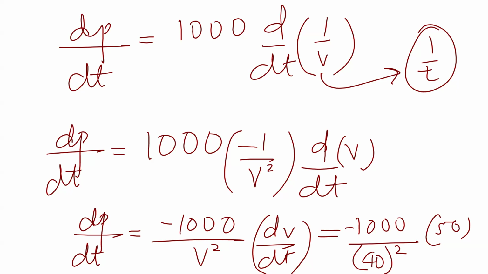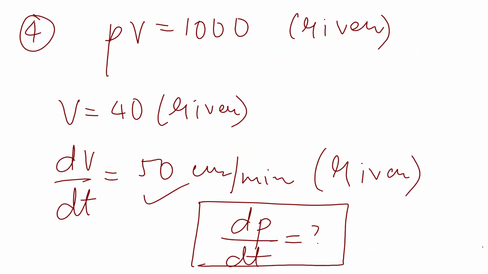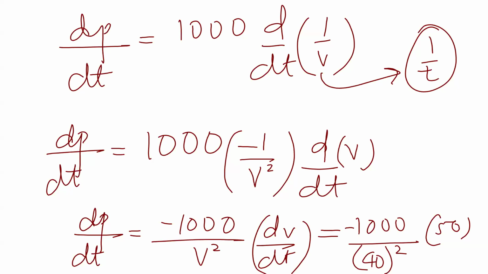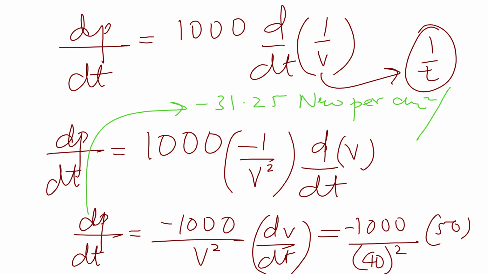That is 31.25. So dP by dt is negative 31.25. Now the unit of pressure is Newton per square centimeter, and it's with respect to time, so dt is also there.